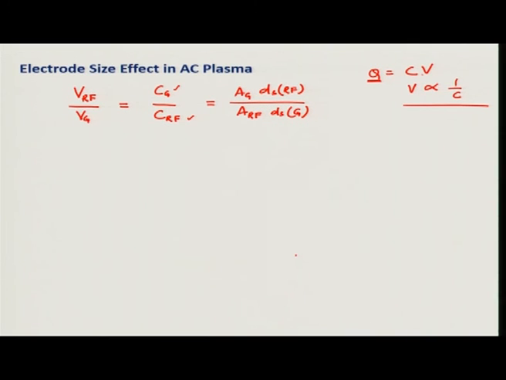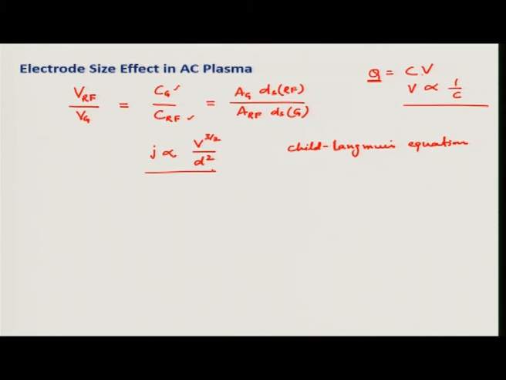Also we know that the current, according to the Child-Langmuir equation, depends on this equation, and this is the space charge limited current. We discussed this part when we were discussing plasma.